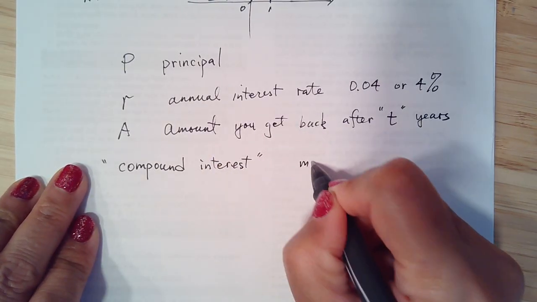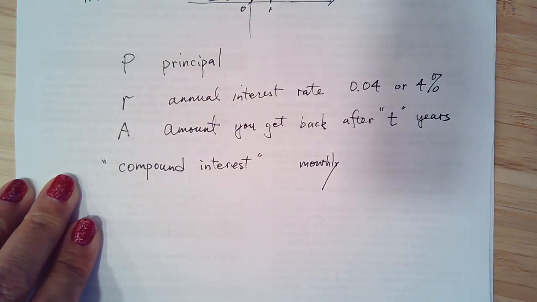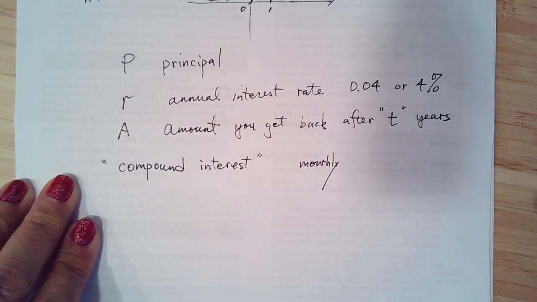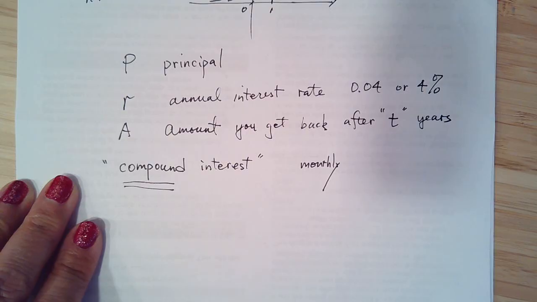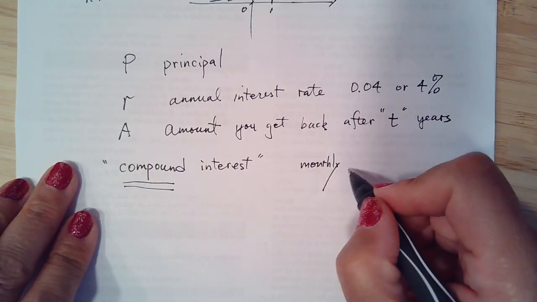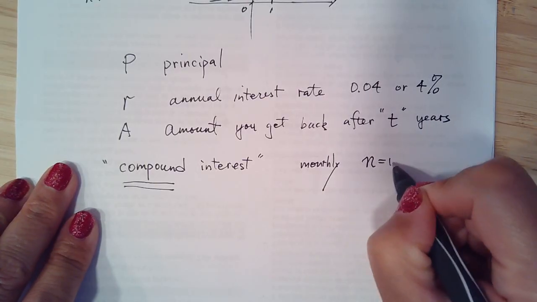If it's monthly, that means at the end of each month, the bank will calculate the interest, and then put the interest you earned into your account and earn interest again for the next month. So compound is a good thing because compound interest means you earn interest based on the interest. That sounds like a very good thing, right? And when it's monthly compounded, then n will be 12.